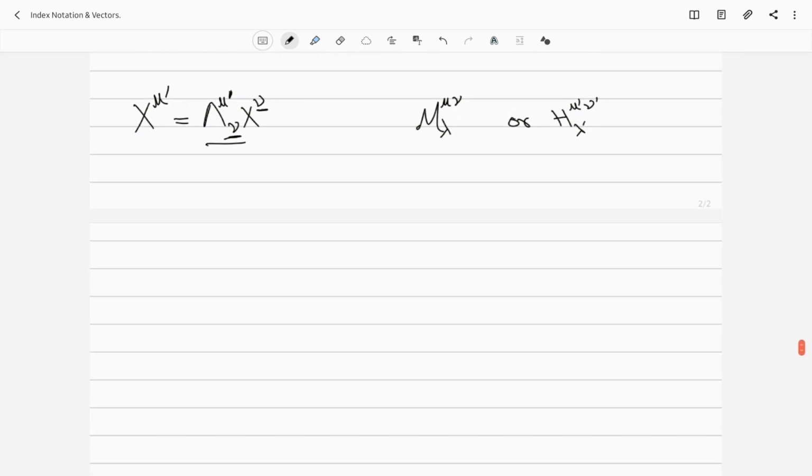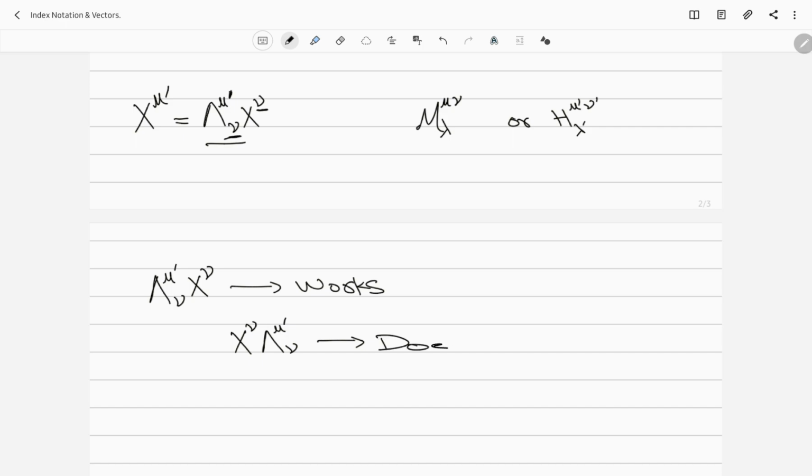So for matrices, this expression, Lambda^mu'_nu x^nu, is true and works for us. However, again for matrices, something like x^nu Lambda^mu'_nu does not work.